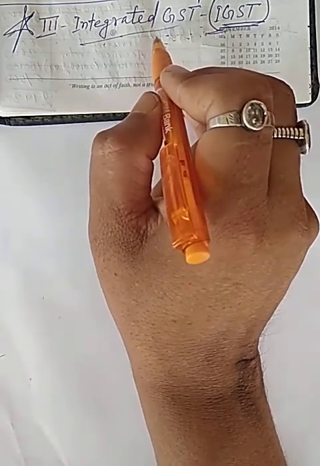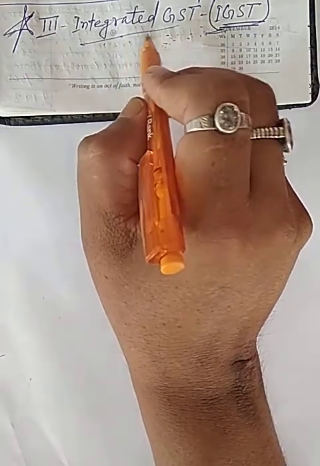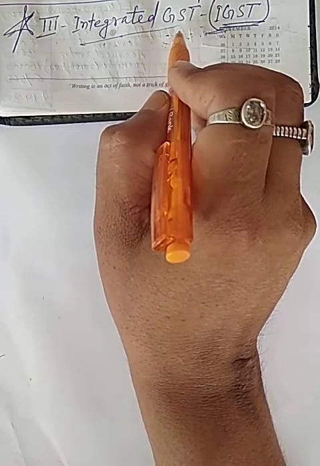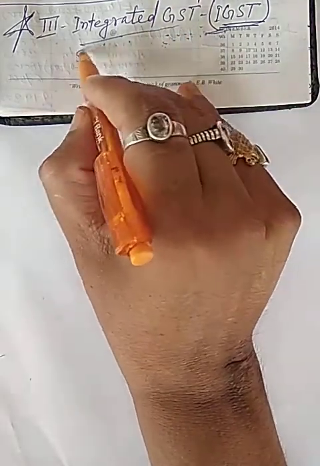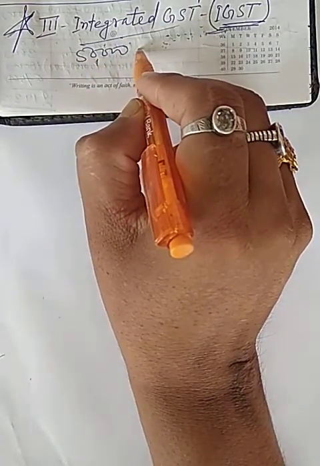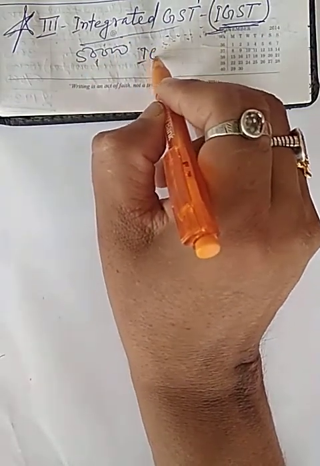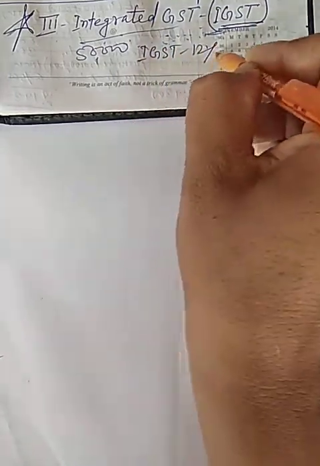For example, a dealer of Rajasthan sells goods to a dealer in Madhya Pradesh worth 50,000. Suppose the IGST rate is 12%.